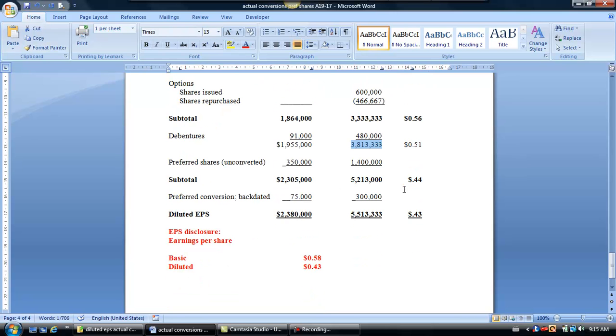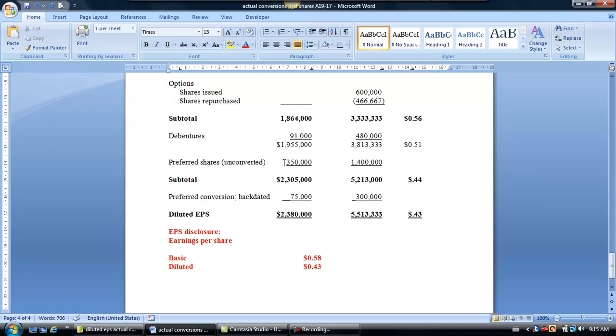So now let's look at the subtotal for the preferred shares. These guys are the least dilutive because they have an impact of 25 cents a share, right? So now, if they were unconverted, or the 350,000 that were not converted, we said that we would have had available 350,000 more dollars. Why?